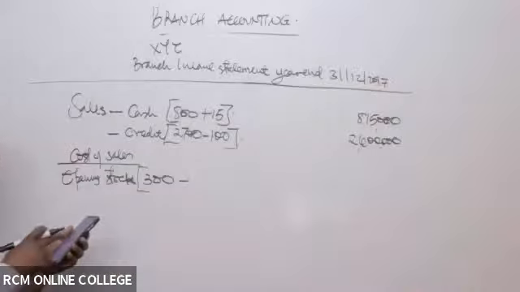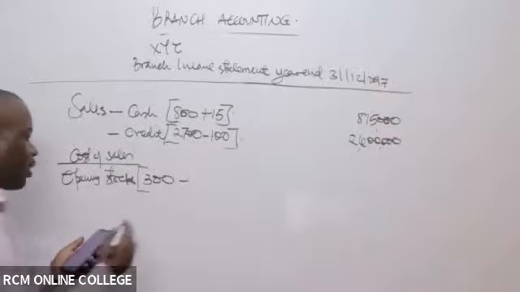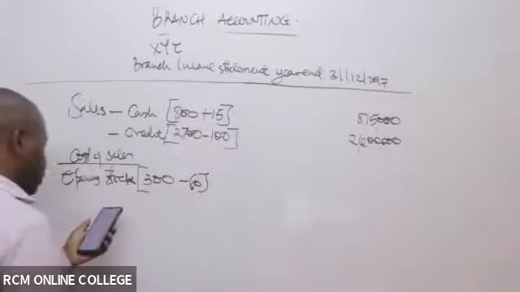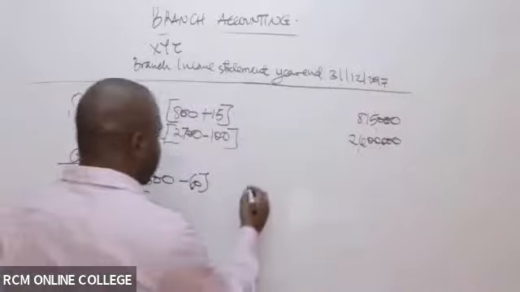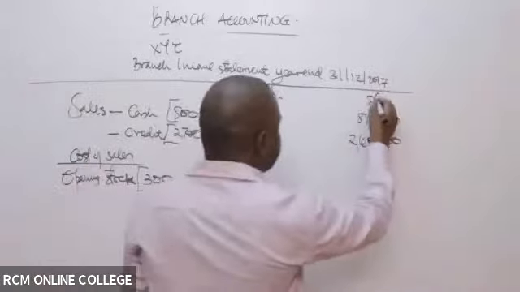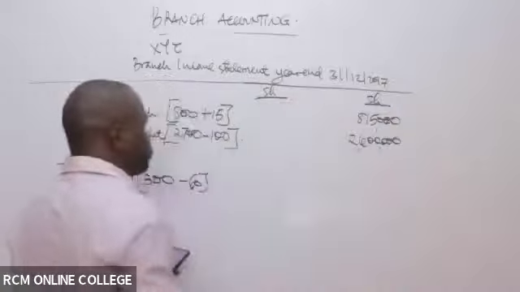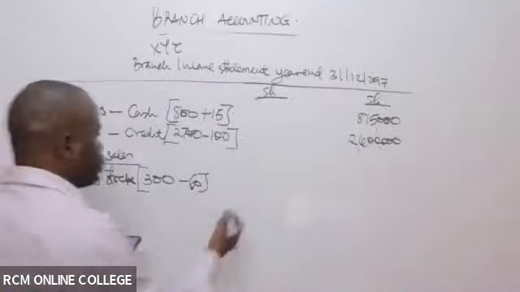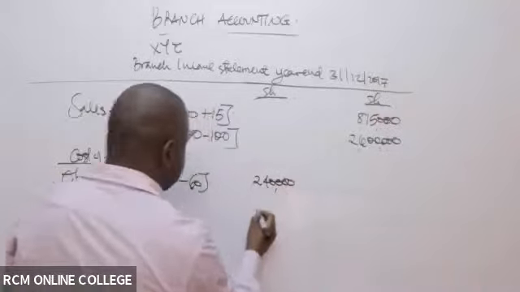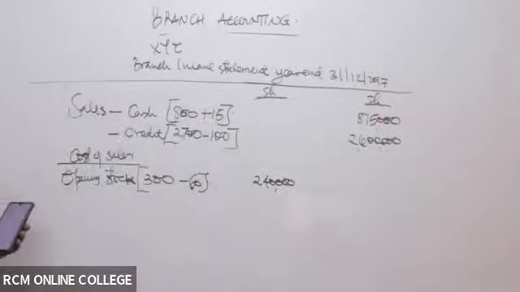You can see in the markup account, it was actually 60. We have to remove that element of the profit. So the opening inventory will end up being, these are shillings, they are not cows, these are shillings, so that is 240,000.